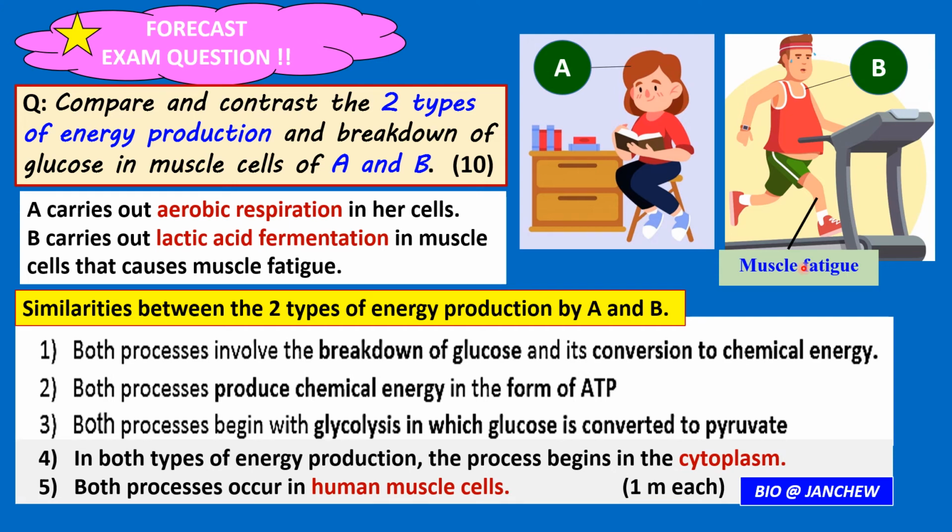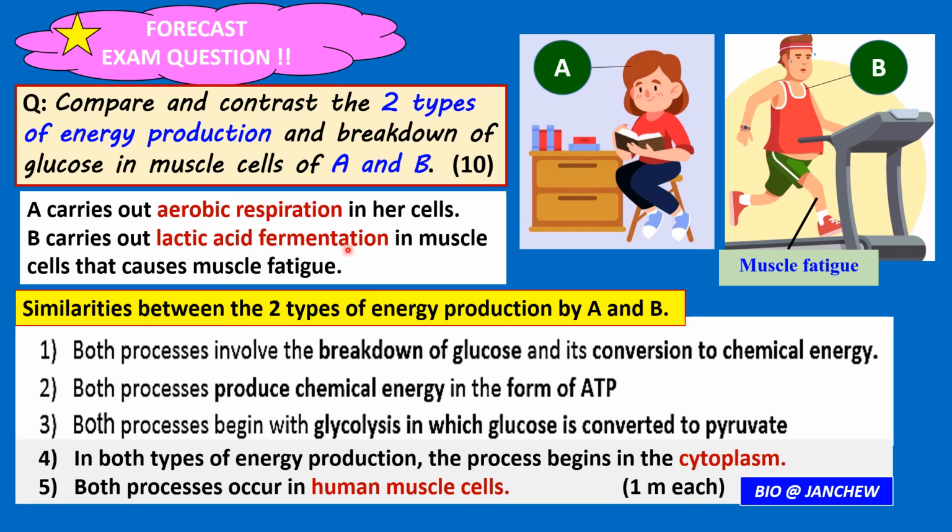supplied for energy production. Okay, so we can say that A carries out aerobic respiration in her cells and B is carrying out lactic acid fermentation in muscle cells that causes the muscle fatigue. Of course, B is also carrying out aerobic respiration too. Okay, but we are asked to compare and contrast, so we have to think of 2 different processes of energy production. Okay, so for B, it's lactic acid fermentation.